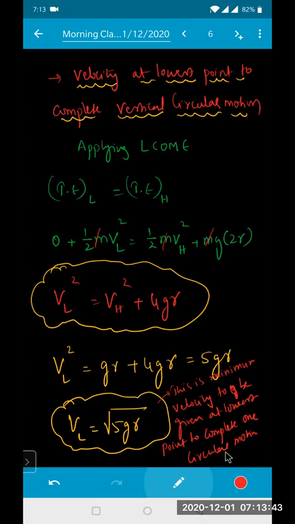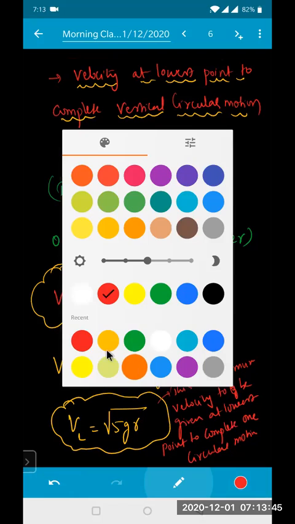So here I can write the condition now. To just complete the circle in a vertical circular motion.